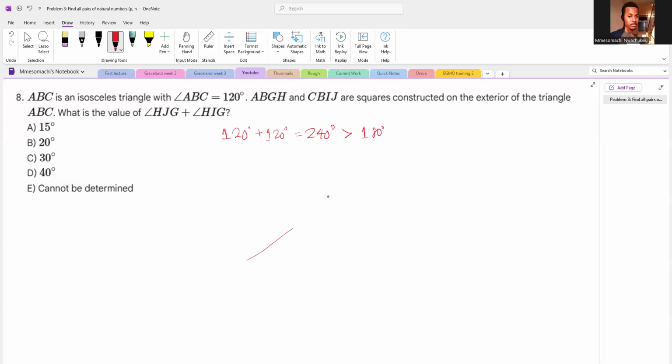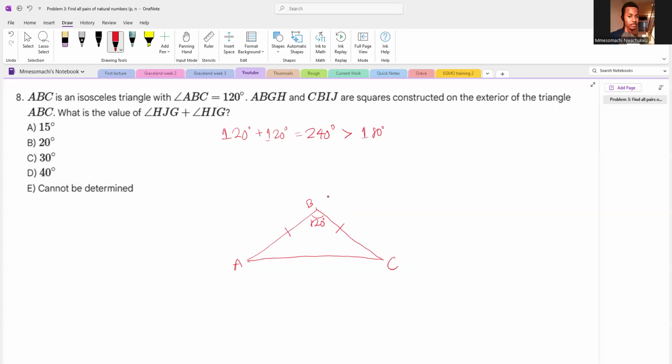So we can sketch. I have triangle ABC with 120 degrees at B. Then we have to sketch these squares, ABGH. We have to pay attention to the order of the letters, so it's very, very important.